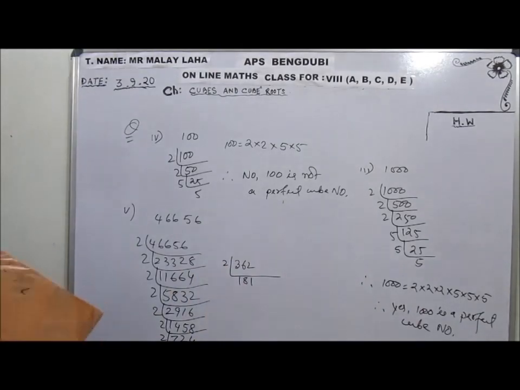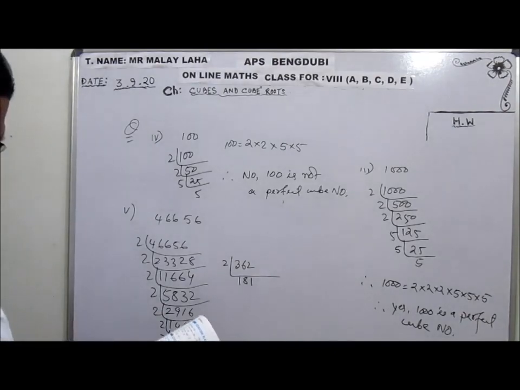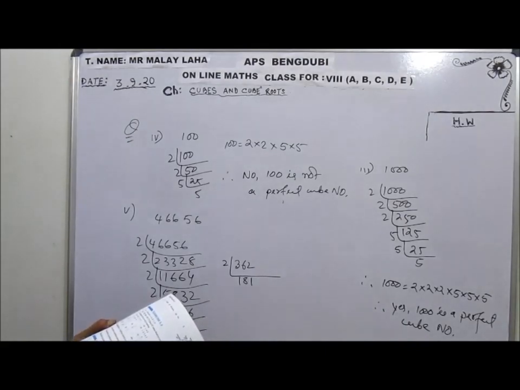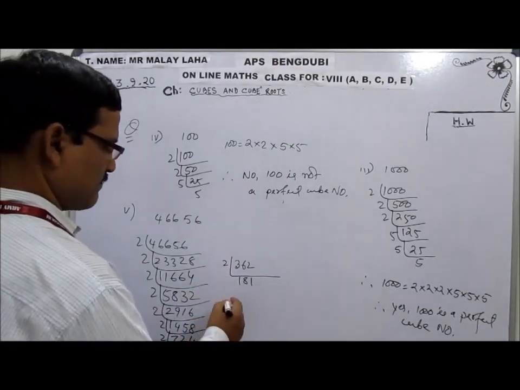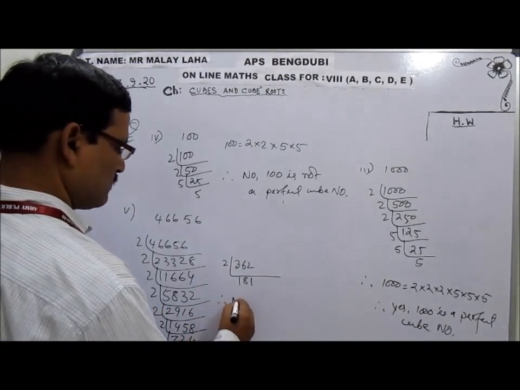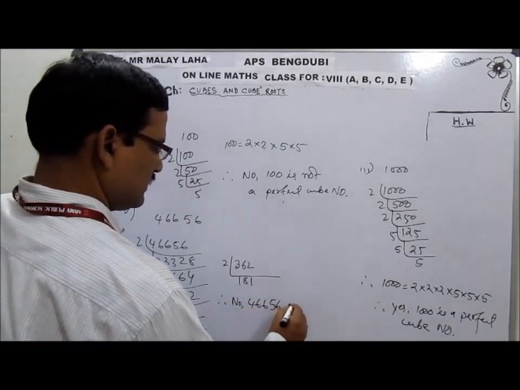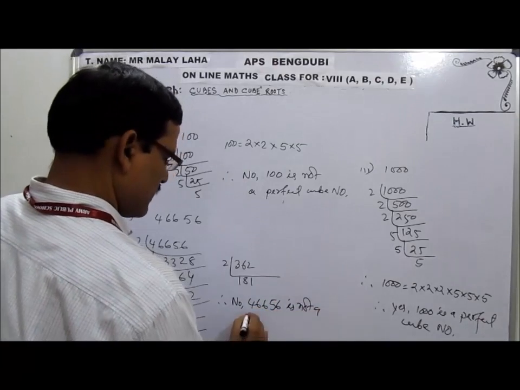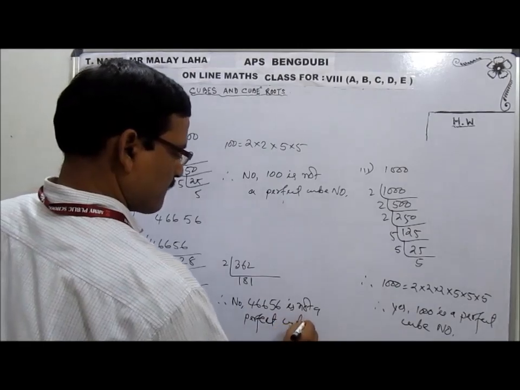Okay. So now see, in case of the last number, we need to take the help of your answer. In my answer, it is not coming. Is it coming in 7? So it is also not coming. So 181 cannot be written as any number. Therefore, you will write down: no, 46656 is not a perfect cube number.